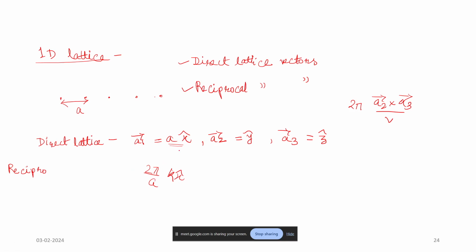For a 1D lattice of length a, in nanometer or whatever dimension is given, the reciprocal lattice should be the inverse of that. So kx is the inverse. 2 pi doesn't have any unit, and a has the unit of length, so the final unit is 1 by length.